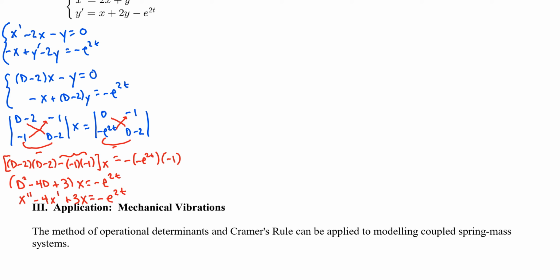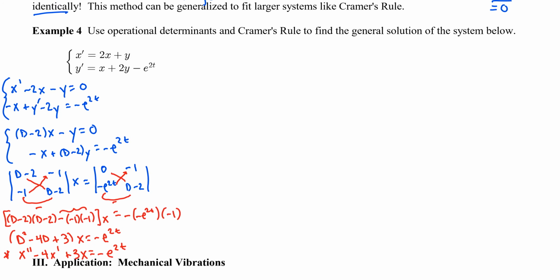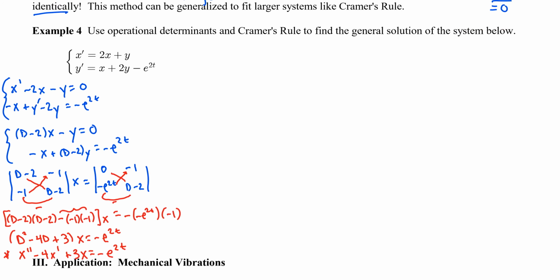You're going to see that the roots of the operational determinant are the same as the roots of the characteristic equation. So if you don't want to convert back to variables, you can leave it in operational determinant form. But just to make sure we understand the process, I'm going to go back to what is familiar. Now, the characteristic equation for this differential equation is r squared minus 4r plus 3 equals 0.